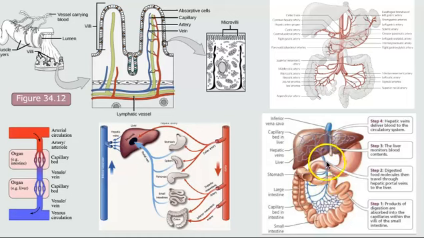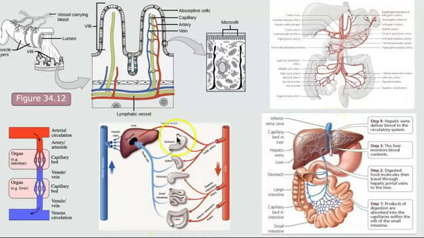This hepatic portal vein is going to contain nutrient-rich but oxygen-poor blood that travels over to the stomach, to the liver, and then we are going to take that blood through what we call hepatic veins and put it into our inferior vena cava, which takes it back to the heart.